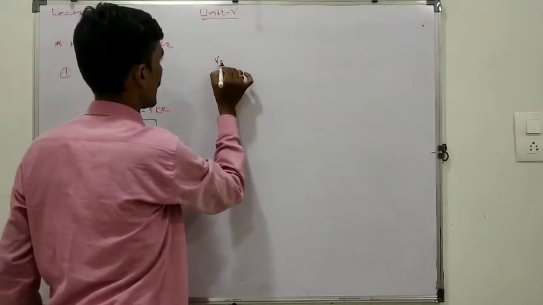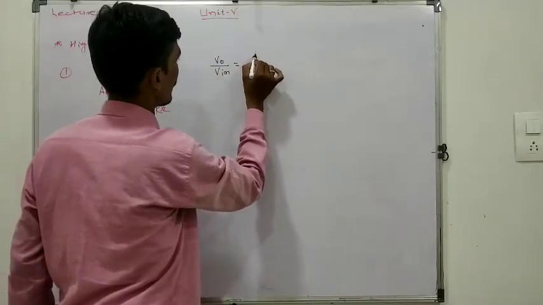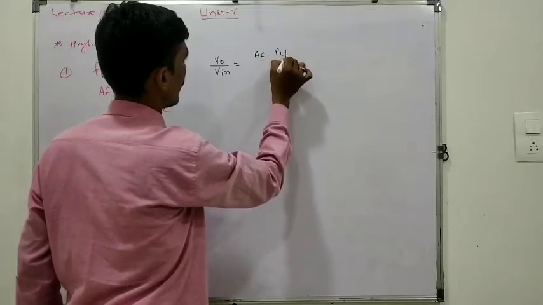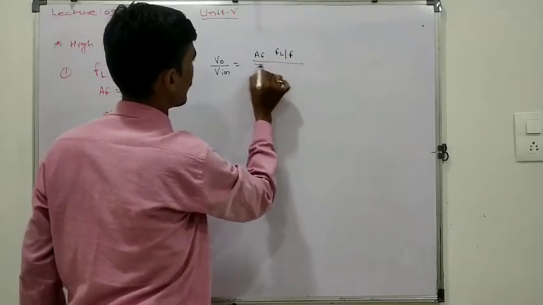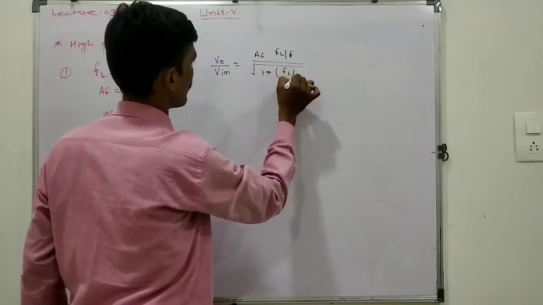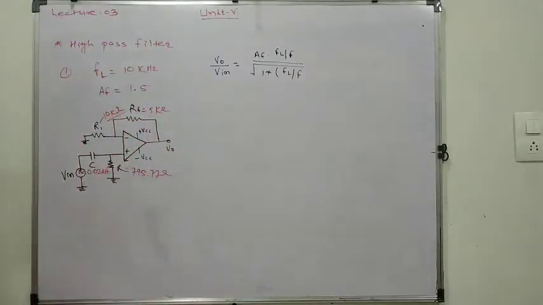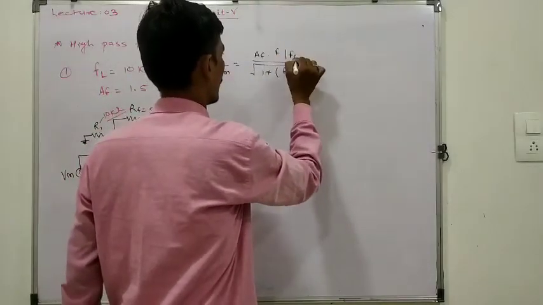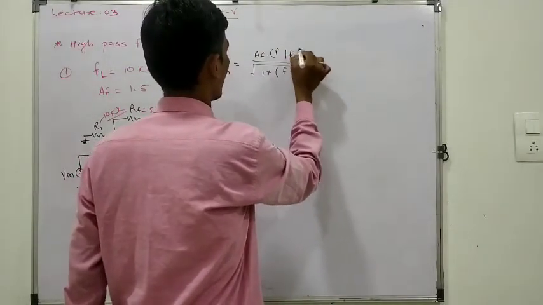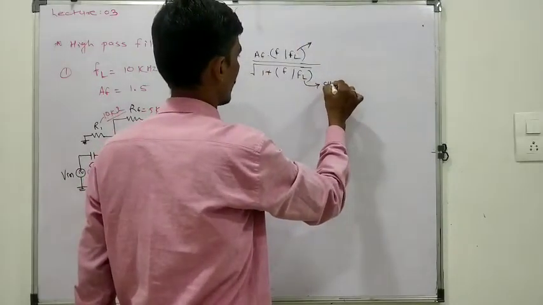We know that VO by Vin is equal to AF multiplied by F divided by FL, over the square root of 1 plus F divided by FL, where FL is the cut-in frequency.